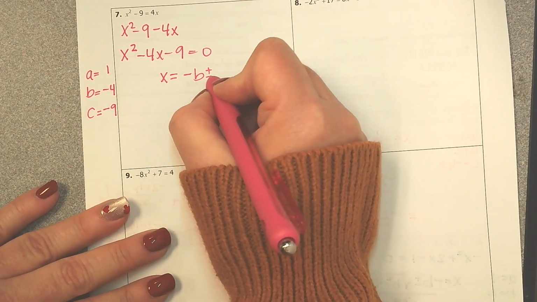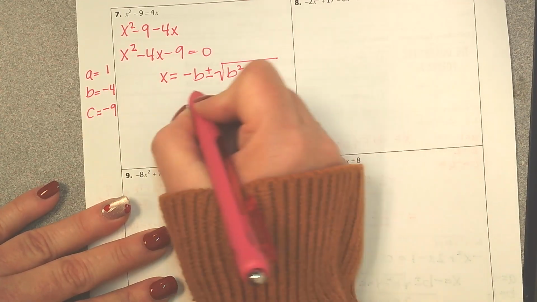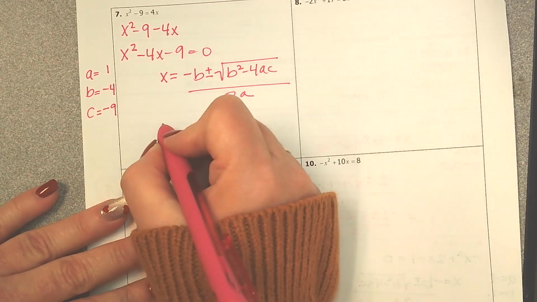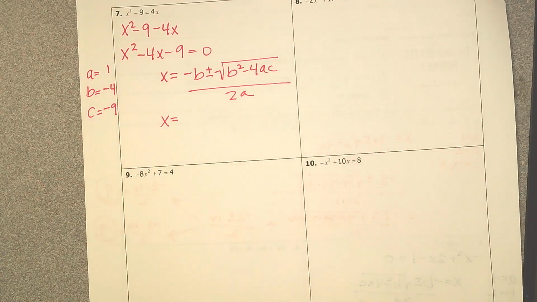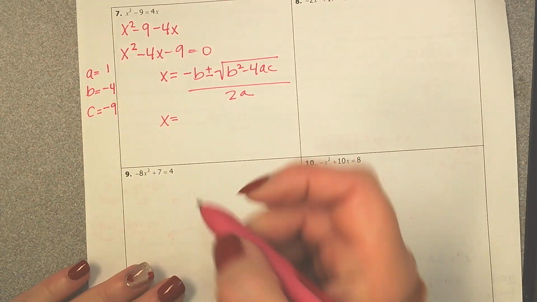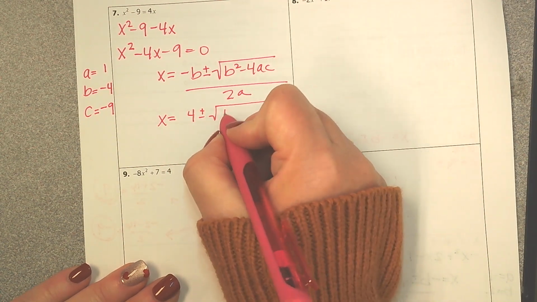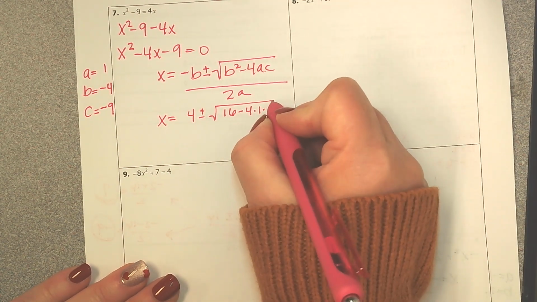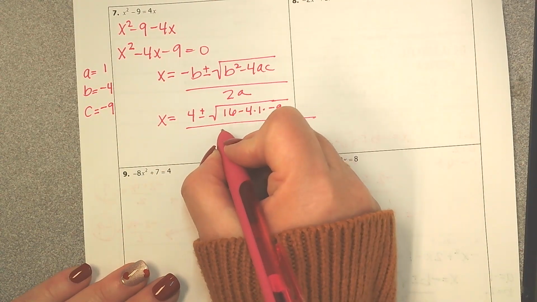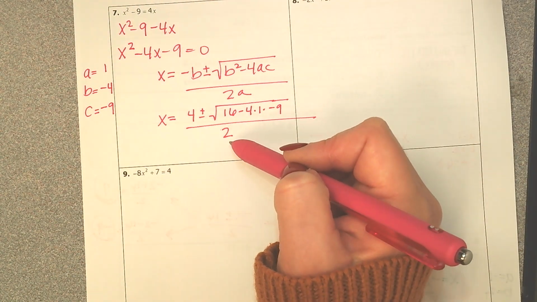Negative B plus or minus square root B squared minus 4AC all over 2A. If B is negative 4, the opposite of negative 4 is 4. B squared is 16 minus 4 times A times C all over 2A. A is 1, so that's just 2.